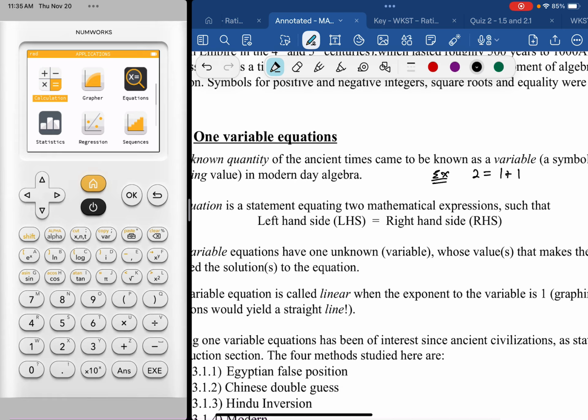All right. When you have something that involves a variable, so 2 equals 1 plus what, then this is an equation that will be true under certain circumstances, depending on what I put in the box.